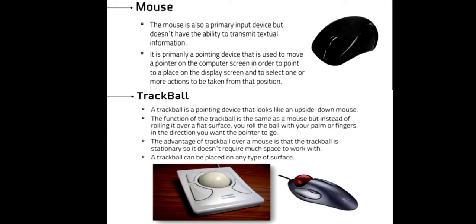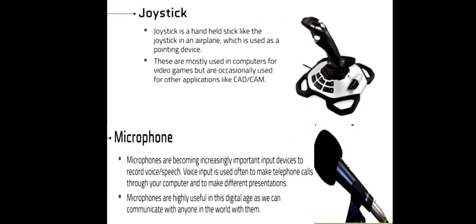It is similar to a mouse. The function is the same, but the major difference is a trackball can be placed on any type of surface instead of only a smooth surface. Then we have the joystick used to play games. Then microphone. As I am delivering the lecture, we use microphones.